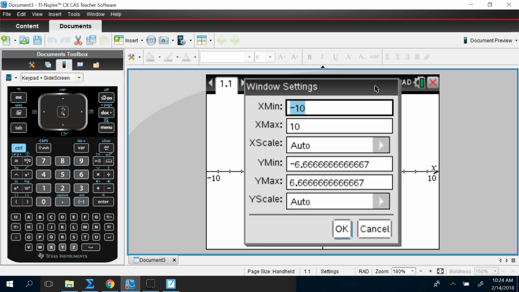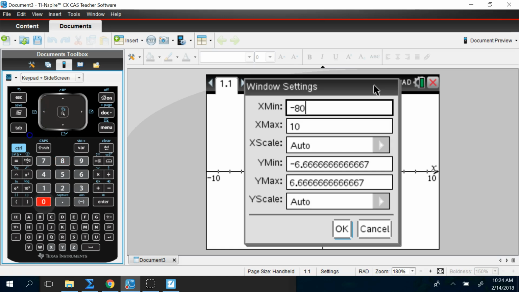I like to see a little bit more, so I'm going to go 80 left and 80 right, which means I want to go with a scale of 10. You could go automatic on your scale, but I like to know what my scale is so that I can predict where things are. When my scale is automatic, I don't know what each dash is. That's how I roll.